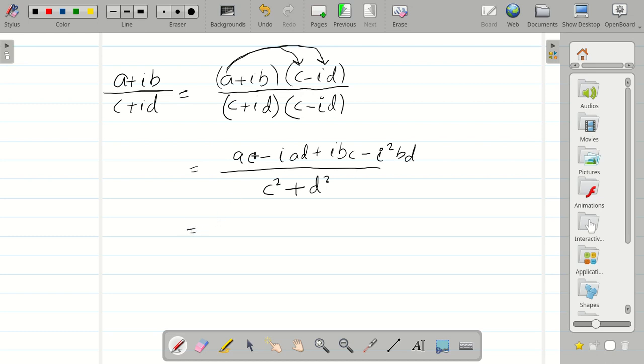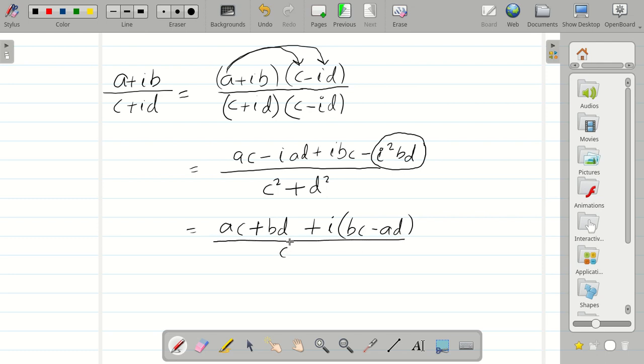Now I'm going to reduce my steps. What is the value of i square? Minus 1. So minus and minus will make things positive. So we end up with ac plus b into d. And then I'm going to take i from here, and I'm going to write the positive quantity first. So I end up with something like, over c square plus d square.